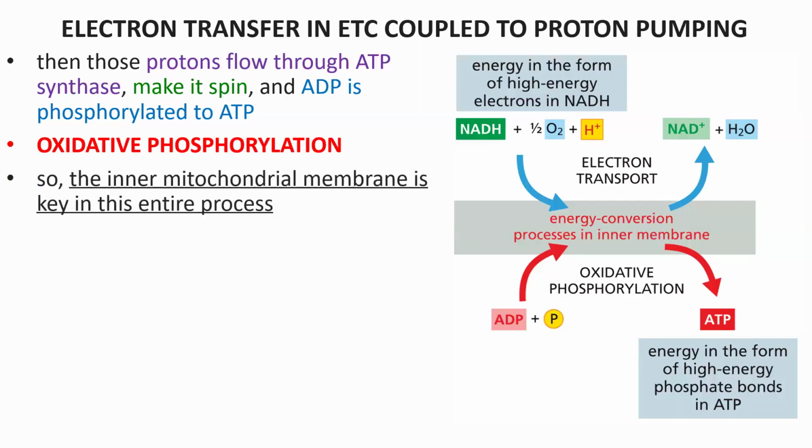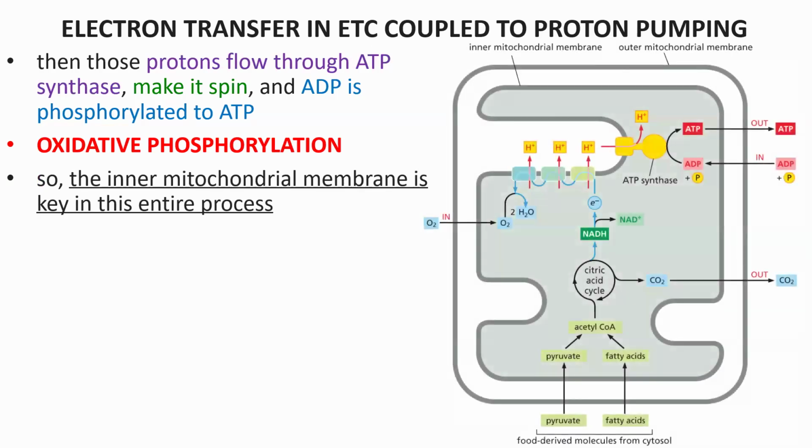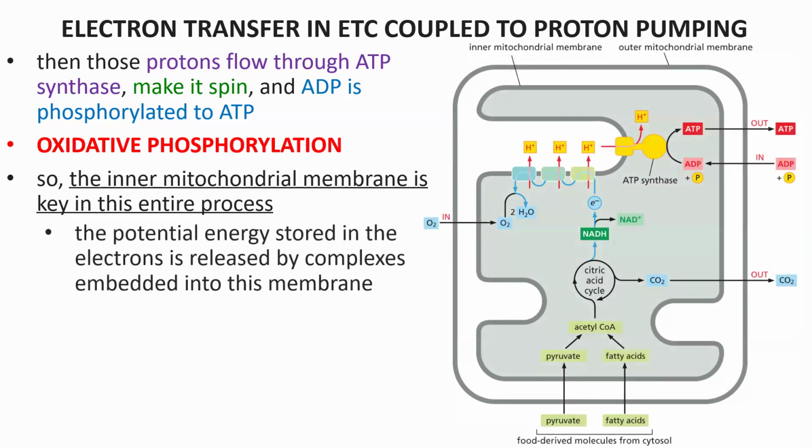So the inner mitochondrial membrane is the most crucial key component of this process. The inner mitochondrial membrane is what's keeping the protons from flowing arbitrarily. It's holding the protons back in the gradient. The complexes of the electron transport chain are embedded into the inner mitochondrial membrane, and ATP synthase is in the inner mitochondrial membrane.